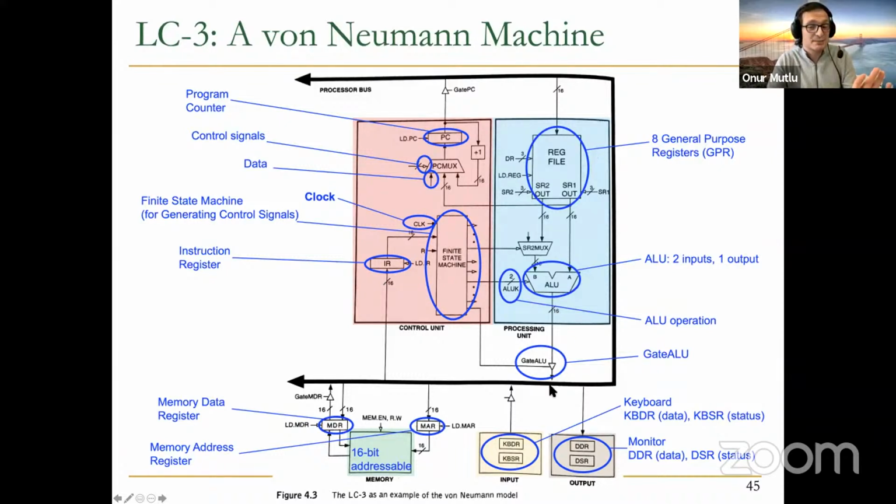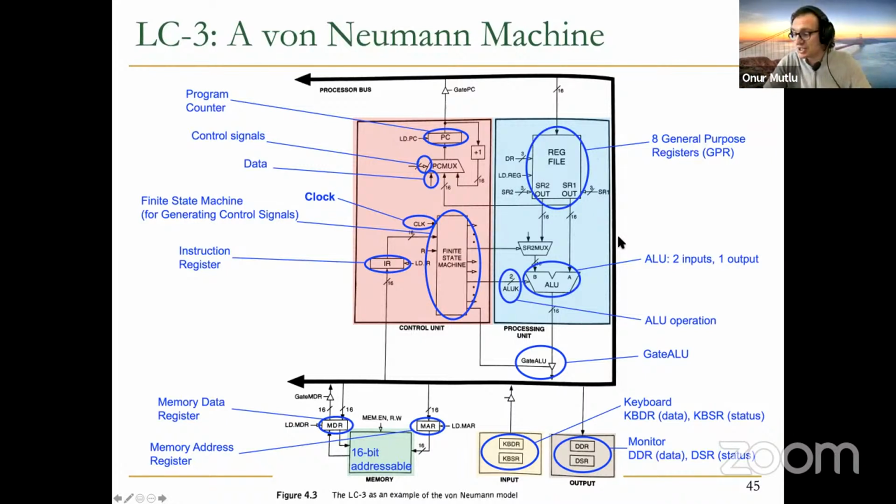And the result gets put onto the bus and gets delivered to a destination register, which is specified again by the instruction in some way, and a load register signal that enables a write enable signal. Okay, you don't need to understand everything right now, but this is what I showed you.